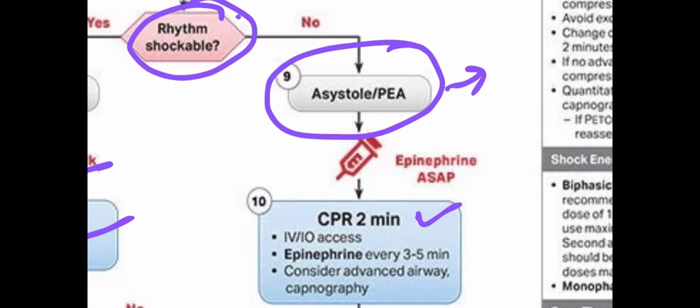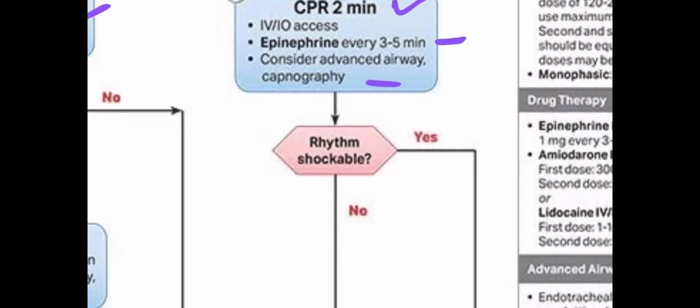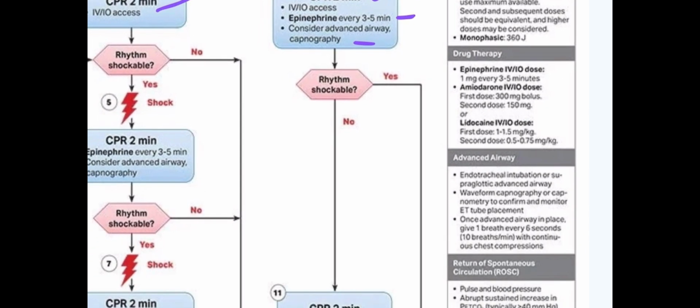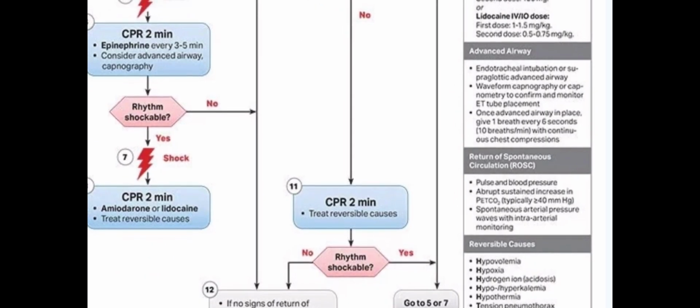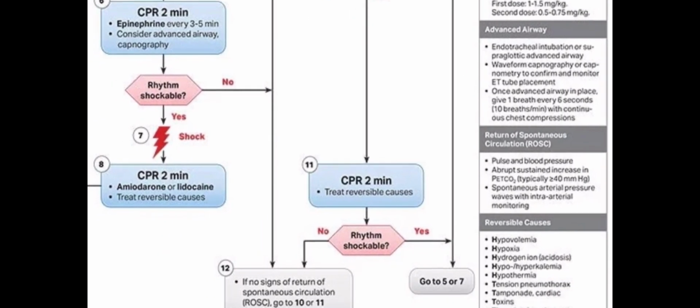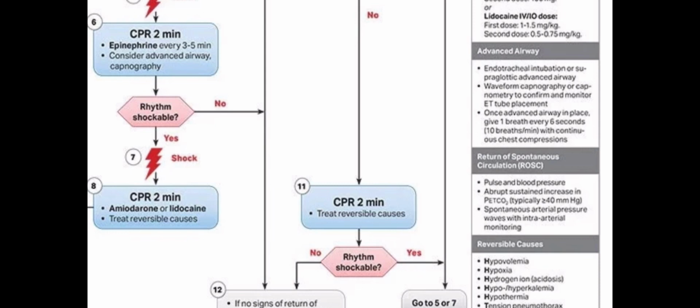Then start giving epi every 3 to 5 minutes and consider an advanced airway and capnography. Again, check the rhythm whether it is shockable or not. If it is not, then CPR for 2 minutes and treat the reversible causes. We will think about the reversible causes and I'm going to discuss them in detail later on.